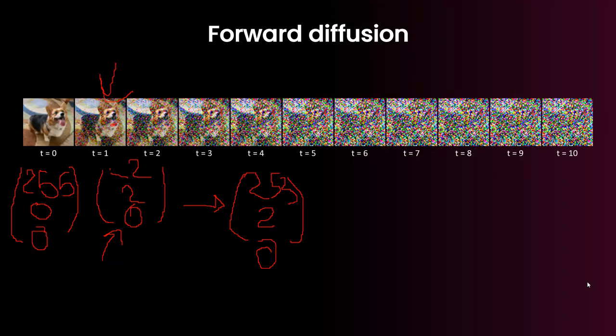Also, a very important note before moving on from the forward diffusion process: the forward diffusion process is an infinite process. Actually, there is no end to diffusing the pixels. You are just trying to destroy the pixel features, so it's infinite.